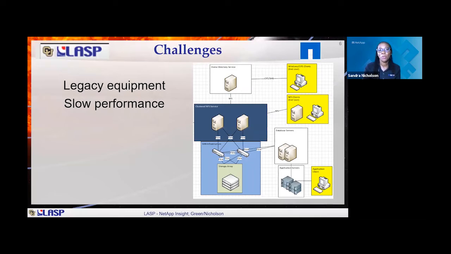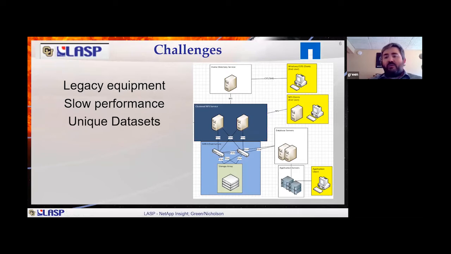Can you share a little bit more around the unique data sets that you manage? Yeah, so what we get off the spacecraft is essentially raw telemetry files. So they're just flat files, but they're all unique. They don't tend to compress and dedupe well, but that's just the nature of the data.